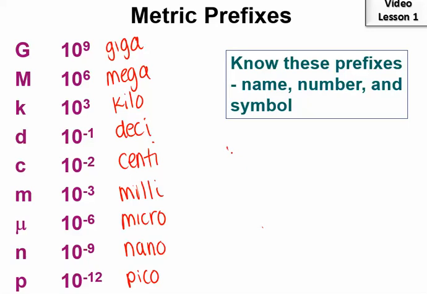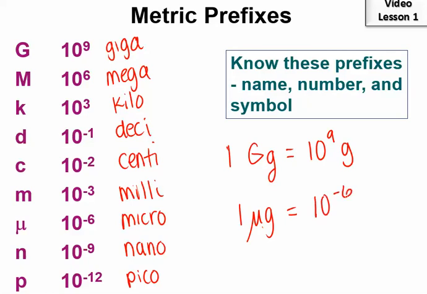In other words, 1 gigagram is equal to 10 to the 9th grams. Or I could say 1 microgram is equal to 10 to the -6 grams.